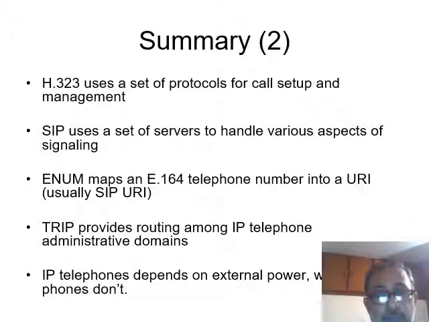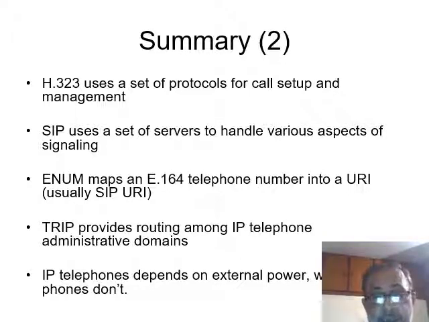H.323 uses a set of protocols for call setup and management. SIP uses a set of servers to handle various aspects. ENUM maps an E.164 telephone number into a uniform resource identifier using a SIP URI, which is quite similar to an email address, as we have discussed earlier.